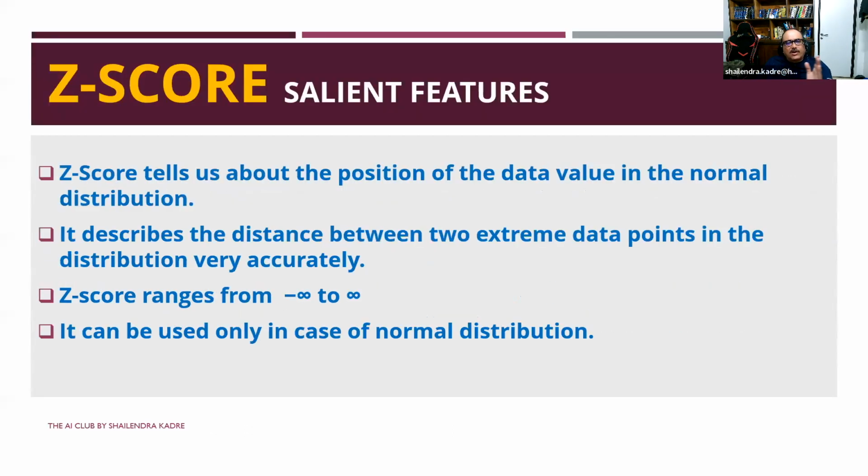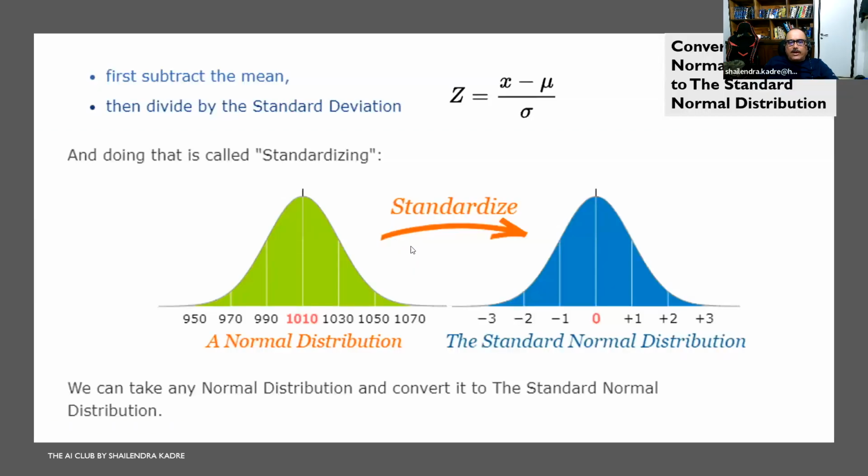Now you will ask, what is the value range of Z? Z varies from minus infinity to plus infinity. So it can be any number, right? And there is one property of this standard normal distribution curve.